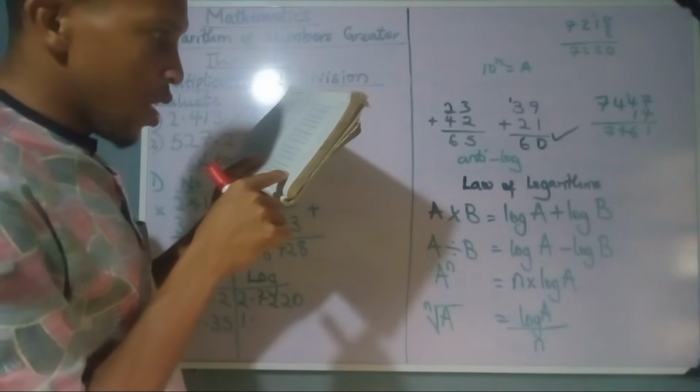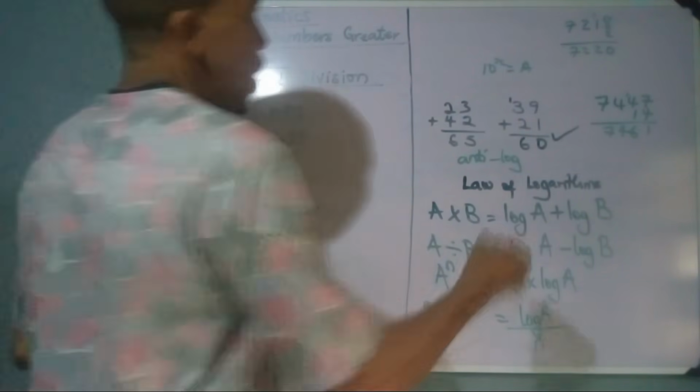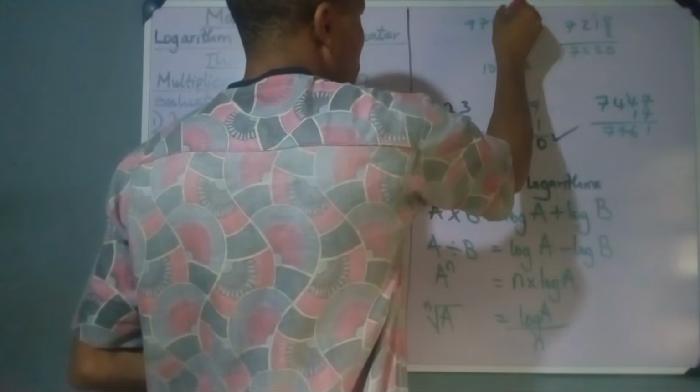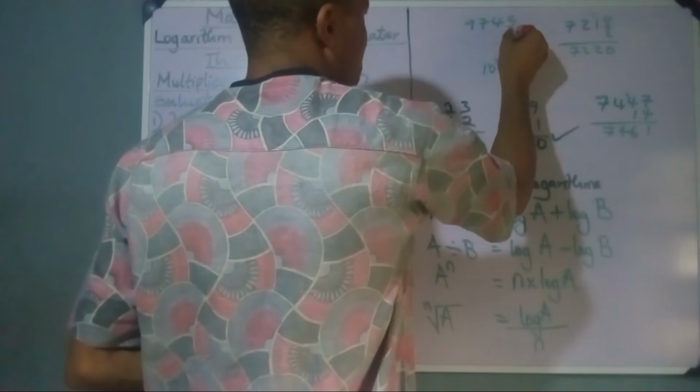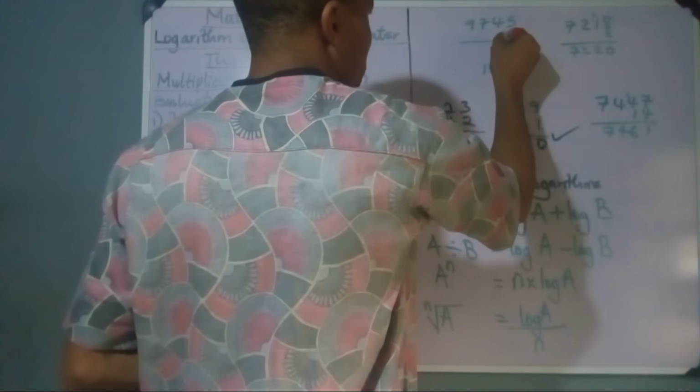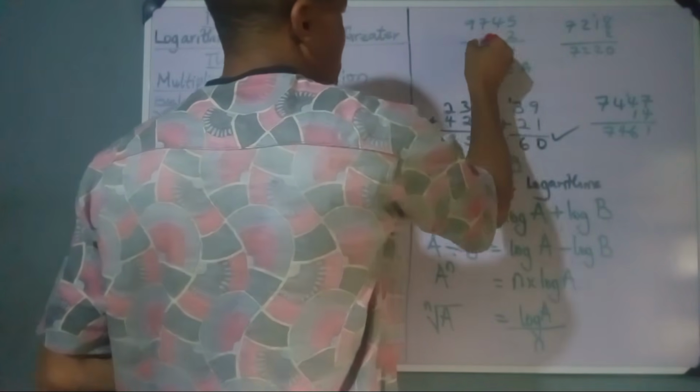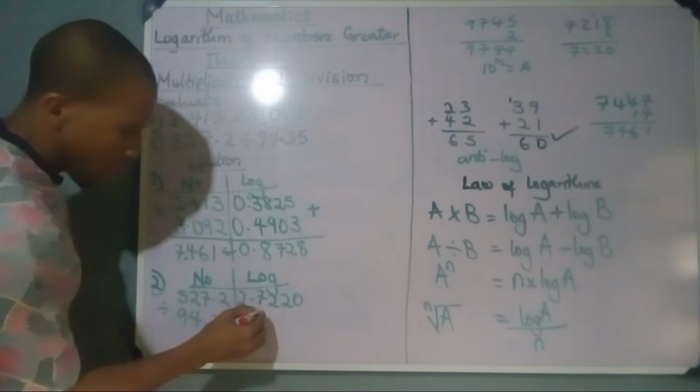Difference 5, and difference 5 here is 2. So we have 9745 plus 2, and that will be 9747.